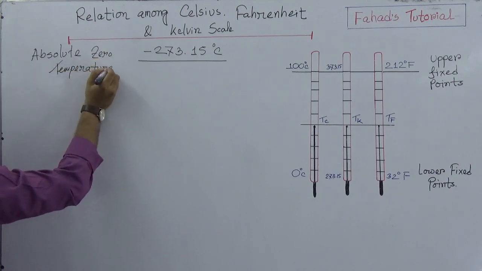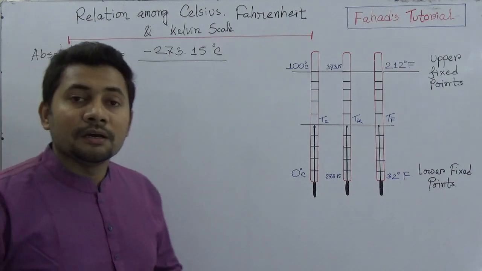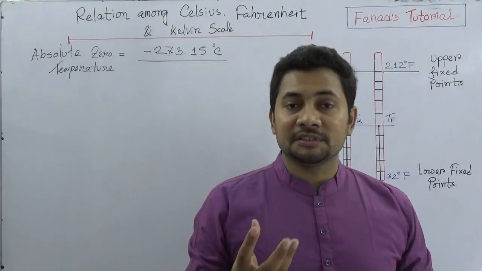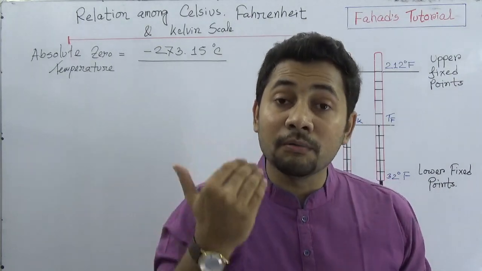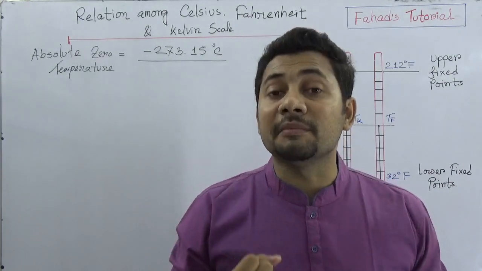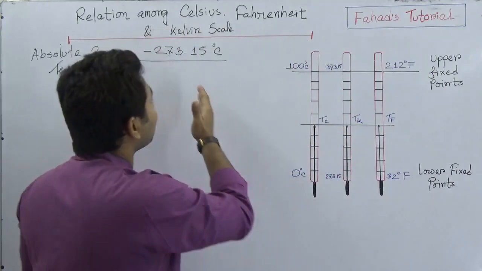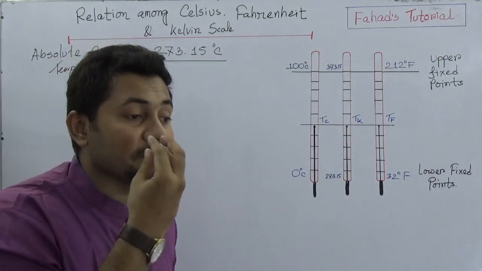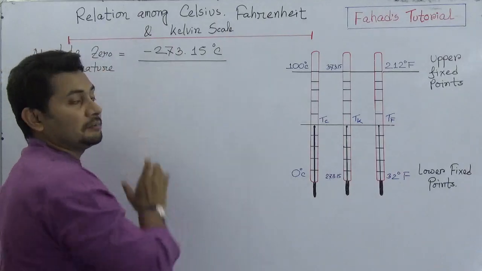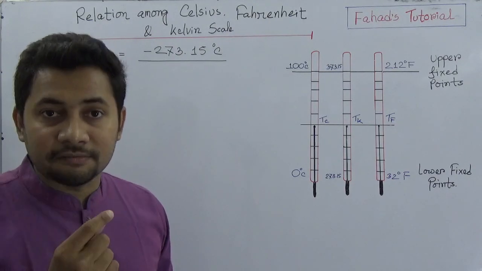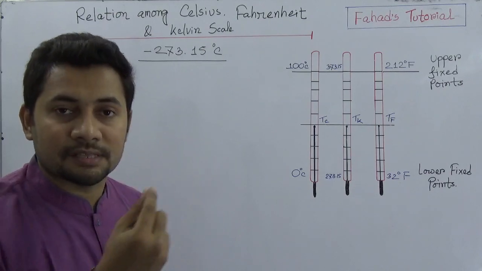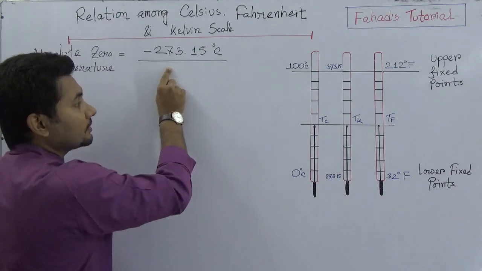What is absolute zero temperature? It means the lowest temperature we can imagine. We can imagine it, even though we cannot reach this temperature. So this is the lowest temperature we can think about reaching.